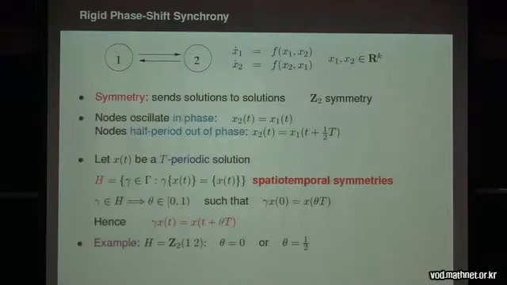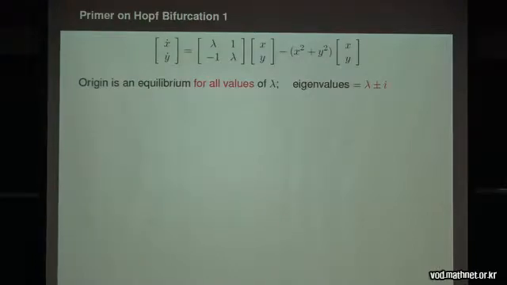Okay, so these two types of solutions I was talking about for a system with Z2 symmetry are perfectly natural. And if I just had a general system of differential equations, it would be very surprising to find either of those solutions. Okay, so as I mentioned at the beginning, there's Hopf bifurcation.